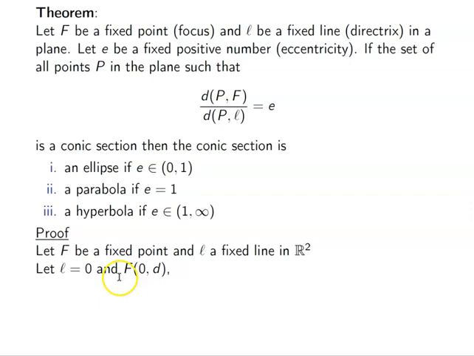I'm going to make some assumptions here just to make things easy. Let L be y = 0, and let the focus be at (0, D). So basically, let the directrix be the x-axis. Since it's not specified, it's just generalized. Then let the focus be at (0, D), above or below, because it's not specified if it's positive or negative.